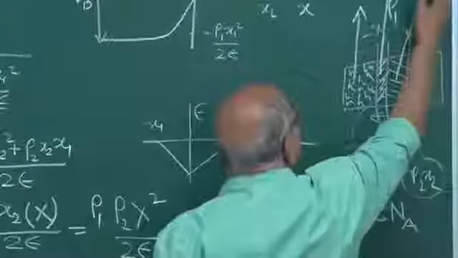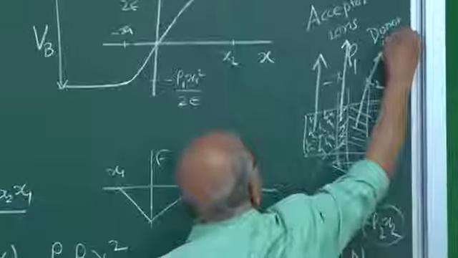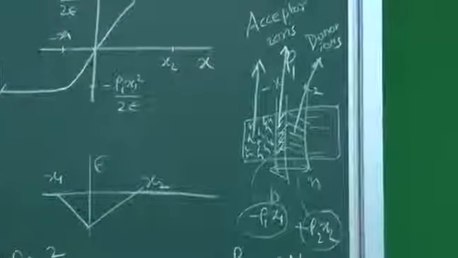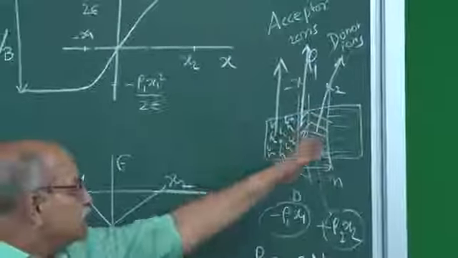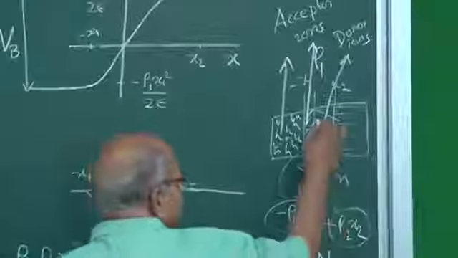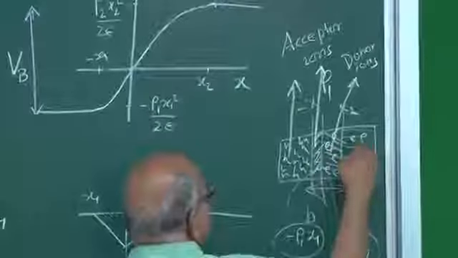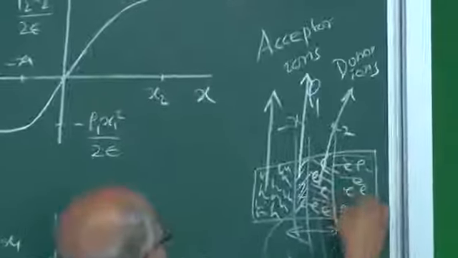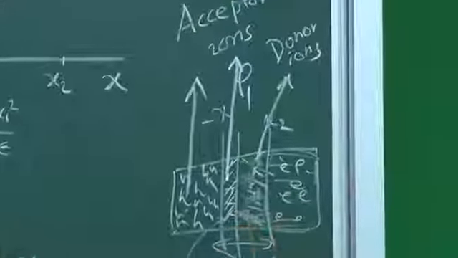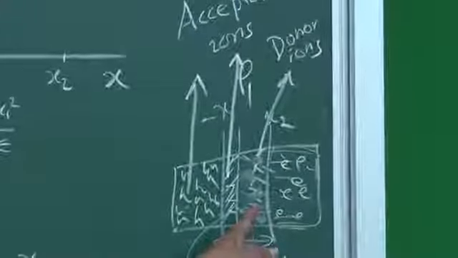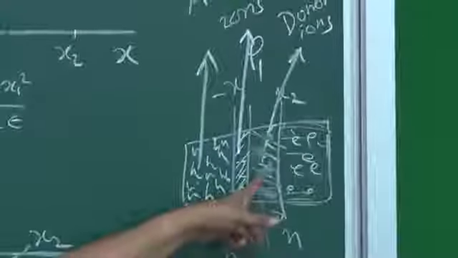On this side you have put donor ions. If it is silicon, you have put pentavalent impurities here, and this pentavalent impurity comes with extra electrons. So those electrons were there here also, and this whole thing was neutral, but from here the electrons have gone, and therefore those positive charges will appear here, those donor ions.